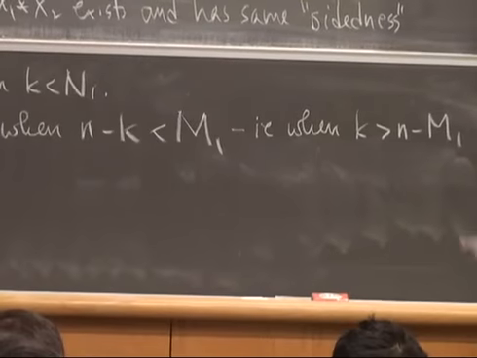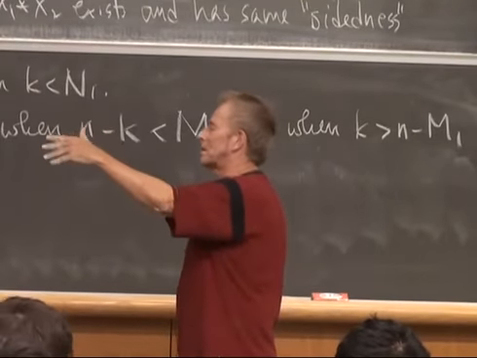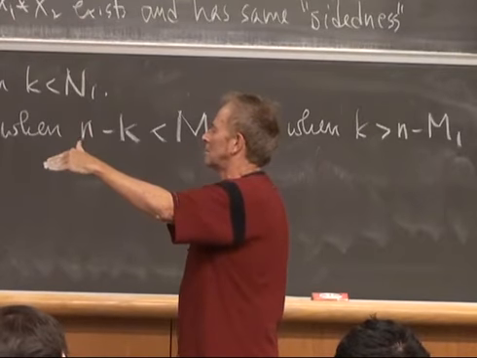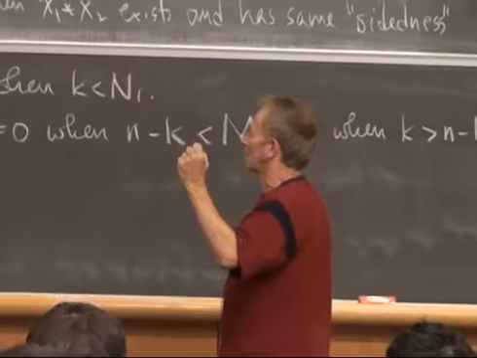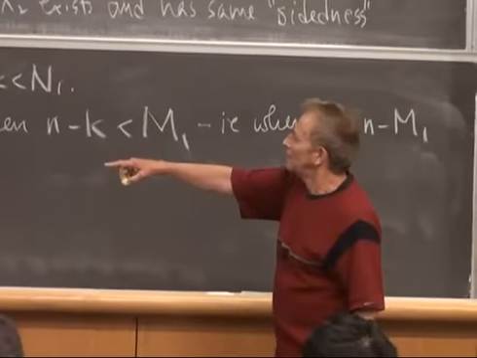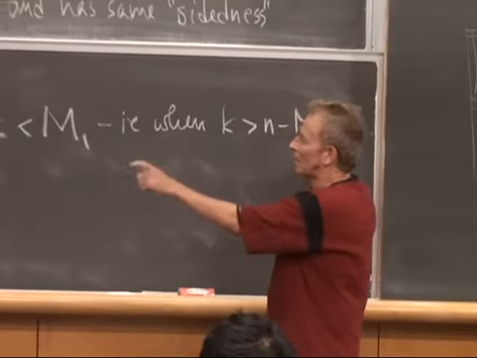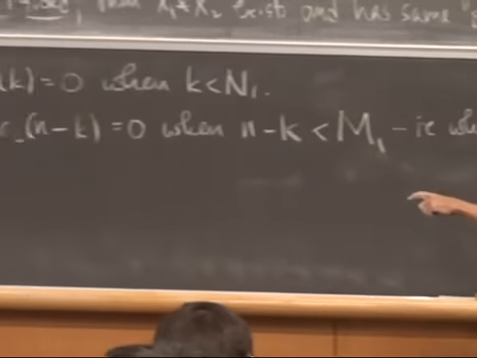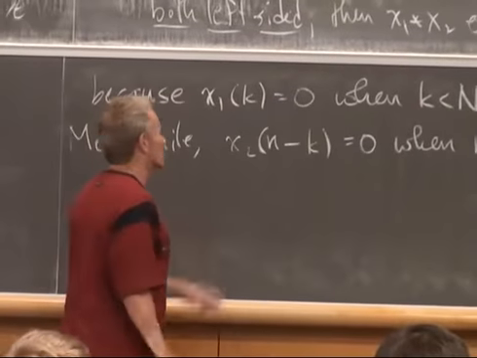What does that mean? That means that the upper limit of the sum is not really infinity, ever, for any value of n. The k values above n minus m1 give x2 of n minus k equals 0, so the sum tops off at most at n minus m1.